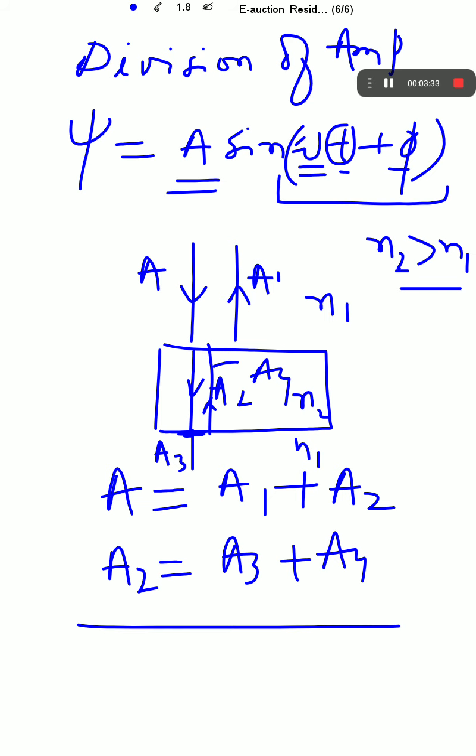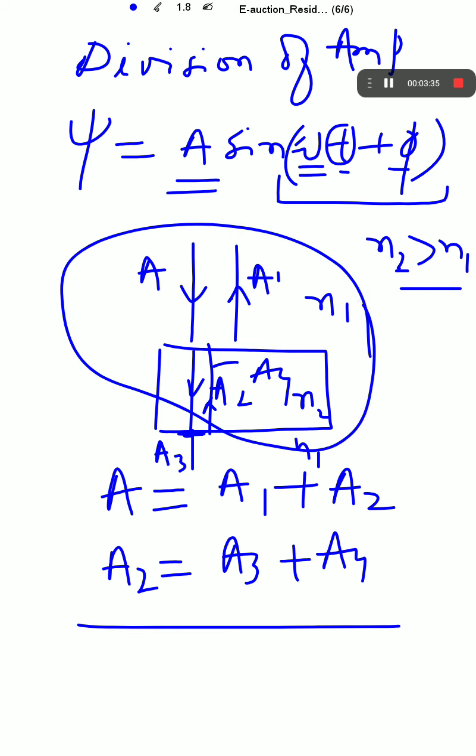The basic thing that we are trying to look at is that the amplitude is getting divided. When these divided amplitudes meet together and superpose with each other, they result in an interference pattern, and that is called interference by division of amplitude.